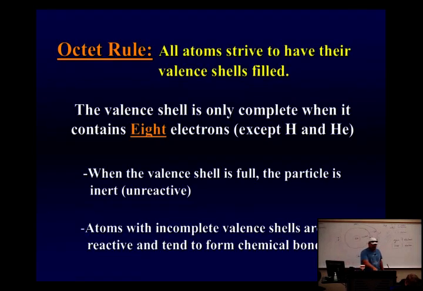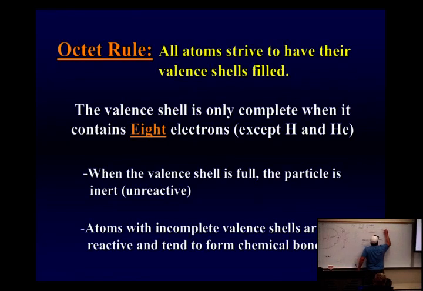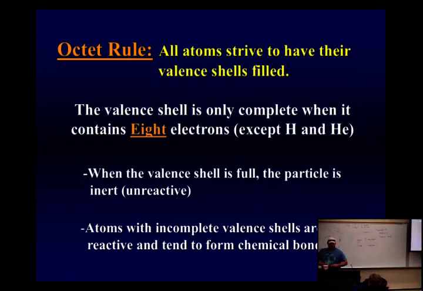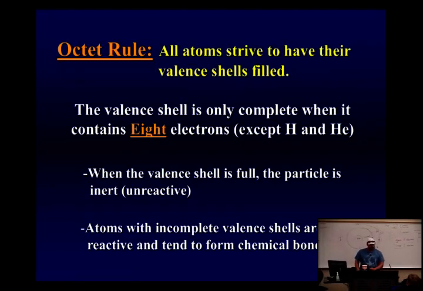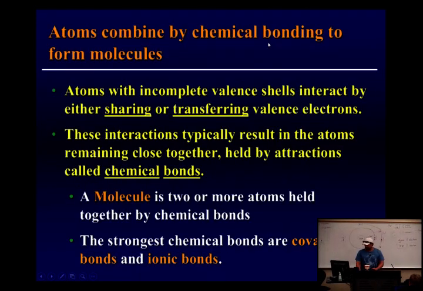So the transfer of electrons produces a chemical bond called an ionic bond. Right? So chemical bonds are transferring or sharing electrons.